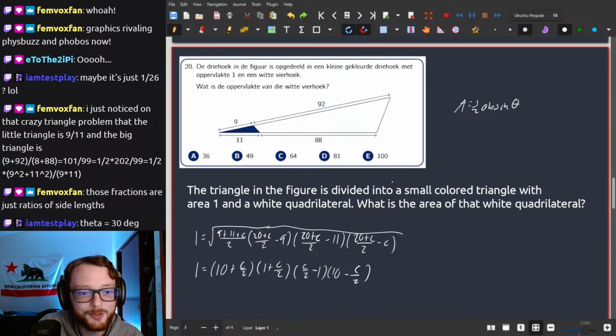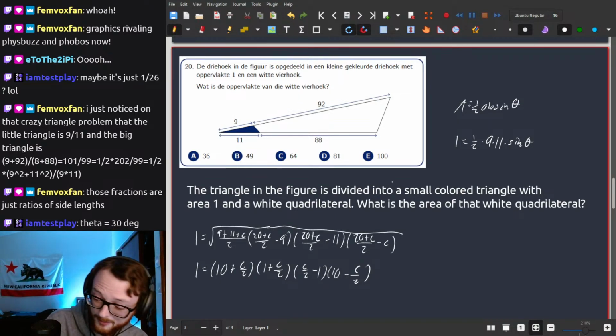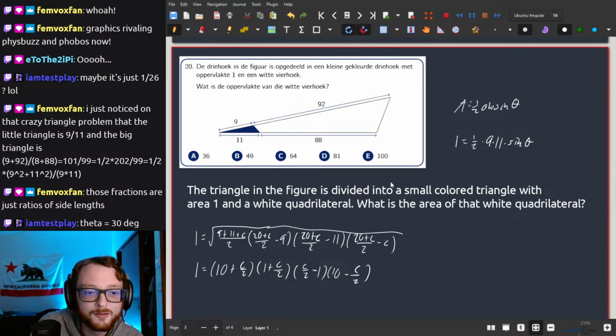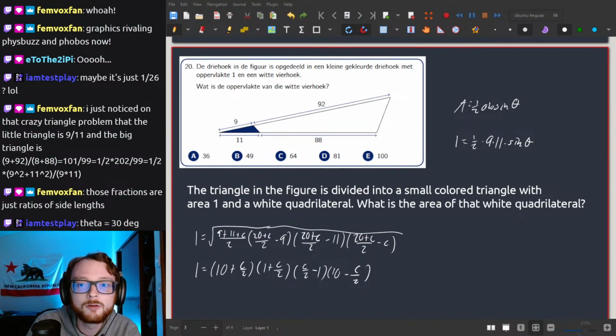Theta equals 30. That seems reasonable. 1/2 times 9 times 11 times sine theta. Really? Wolfram Alpha, save me?